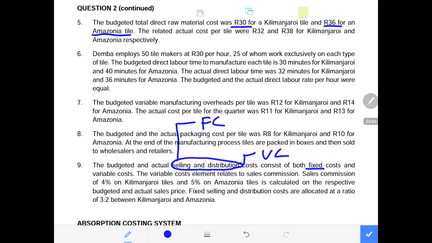Sales commission of 4% on Kilimanjaro tile and 5% on Amazonia tile is calculated on their respective budgeted and actual sales price. Take note of that. Meaning the budgeted variable portion is 4% of the selling price for one, and 5% for the other, together with the actual variable portion of our selling and distribution cost.